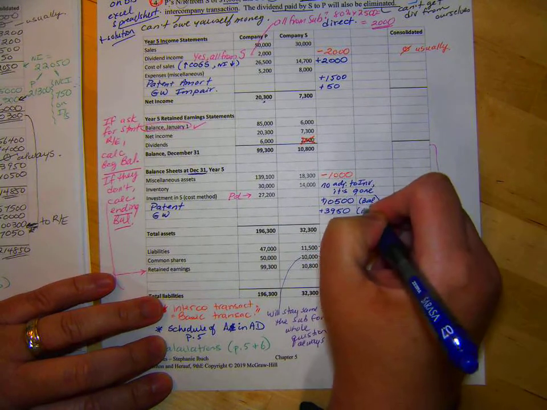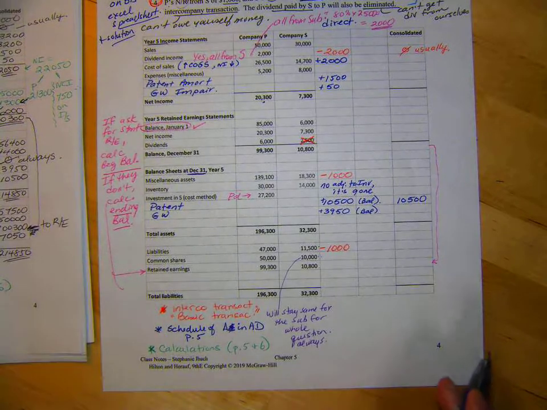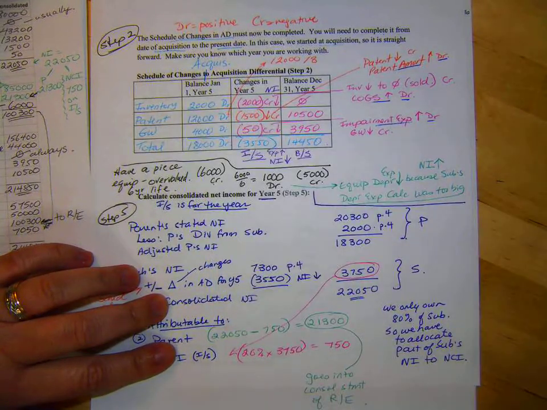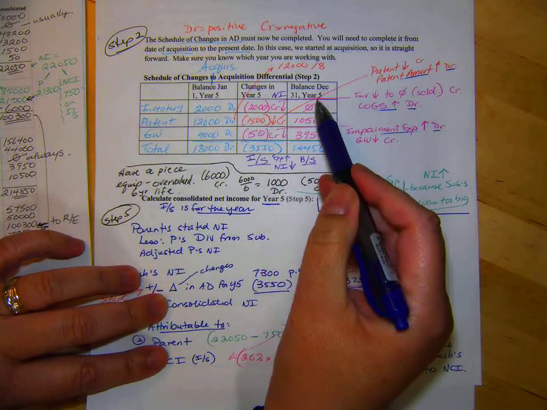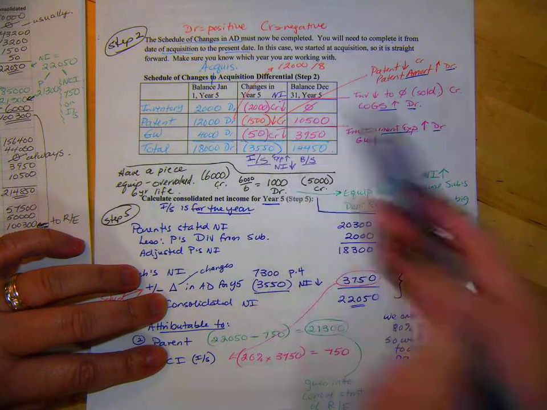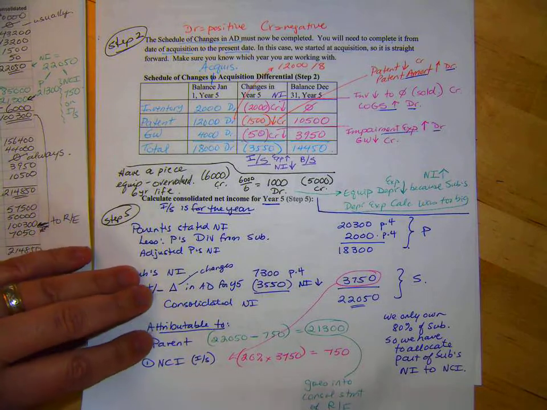And again, it's the balance. Okay, so that's the three things for the schedule of AD. And notice income statement stuff, balances are on the balance sheet. Income statement changes are on the income statement. Okay, income statement, balance sheet, and we know net income's going down.